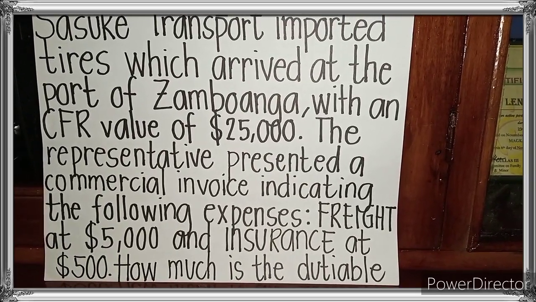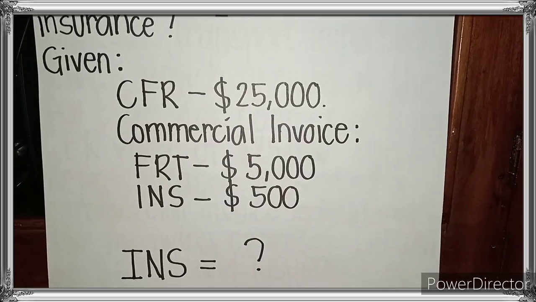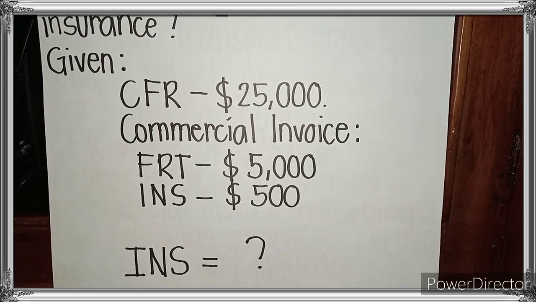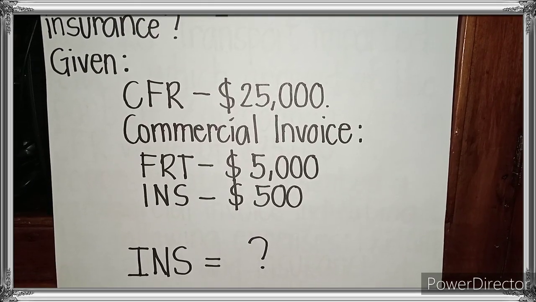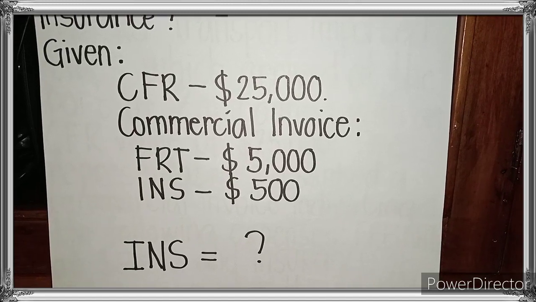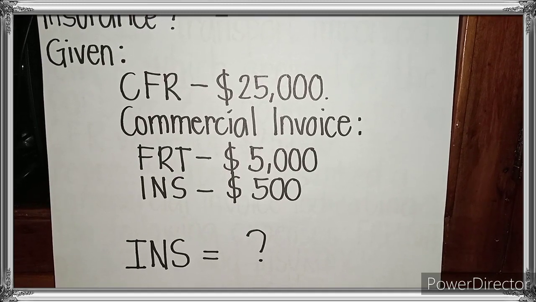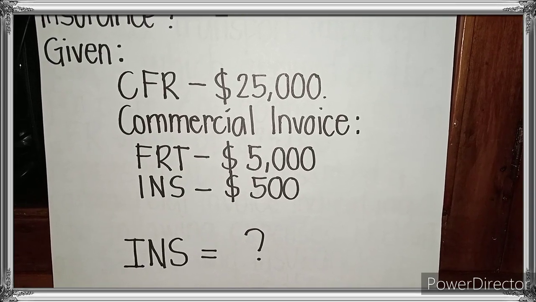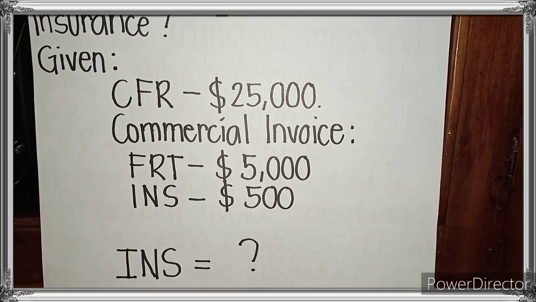How much is the dutiable insurance? Given CFR is equal to $25,000, commercial invoice, freight $5,000, and insurance $500. The unknown here is the insurance.